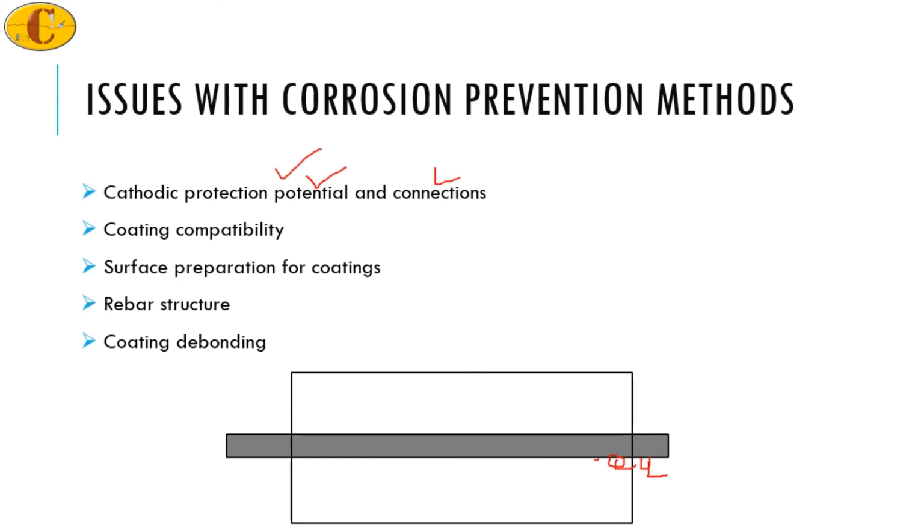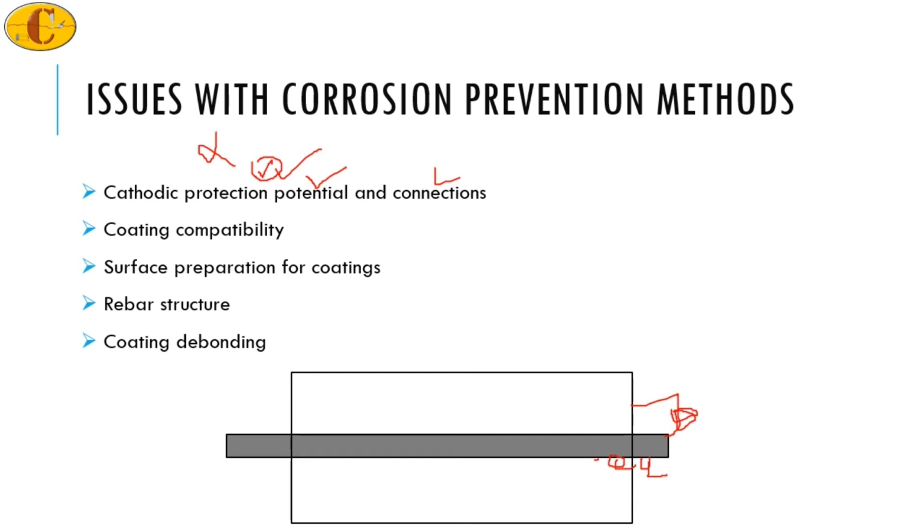So the potential that is measured using a multimeter to check whether the potential is enough is not always reliable. It may be checked wrongly, or you may feel that the potential is correct, but it is not actually correct. So that is one issue present in the CP potential methods.